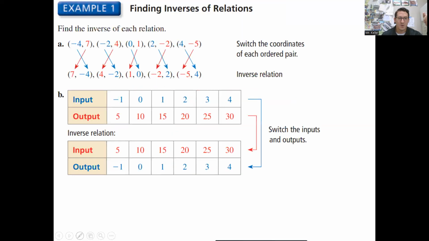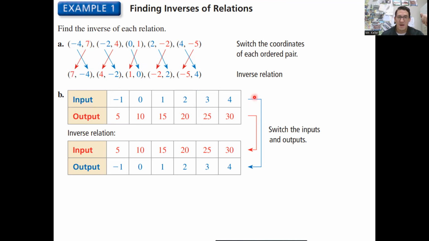Remember from IM1, x's become y's. So here, looking at this example of just ordered pairs, the x, so -4 is an x, and the inverse function becomes a y, 7 is a y, inverse function becomes the x. You're just flip-flopping them.